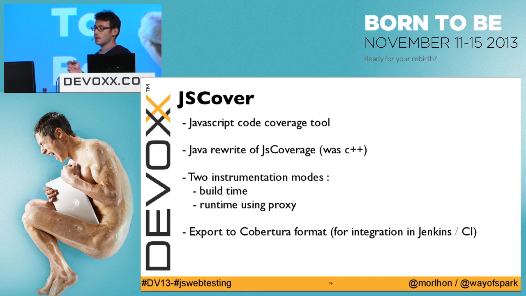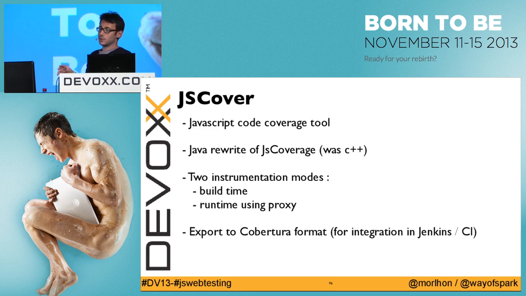Both instrumentation modes are kind of hard to integrate in the build, because you at least have to say, I want to generate the files and I need my test runner to use these files instead of the original sources, which can be kind of hard.